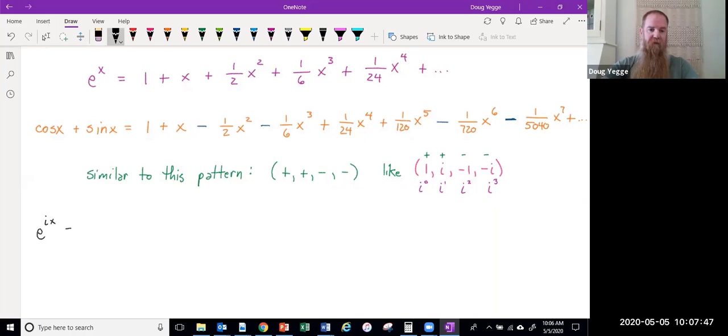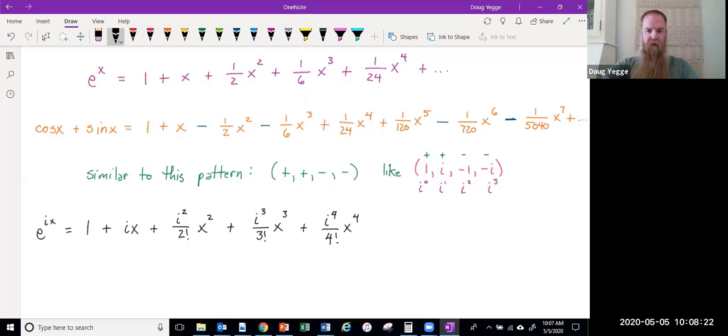So e to the ix is 1 plus ix plus i squared over 2 x squared plus i cubed over 3 x cubed plus i to the fourth over, oh, these are factorials. 2 factorial, 3 factorial, 4 factorial, x to the fourth.